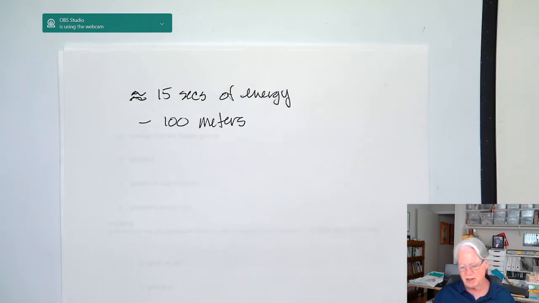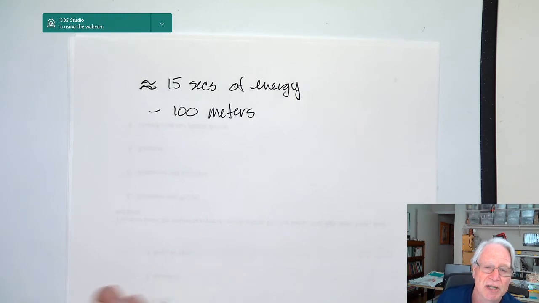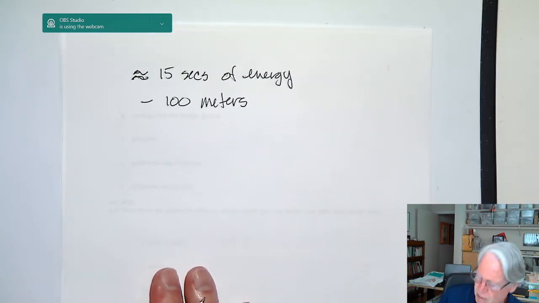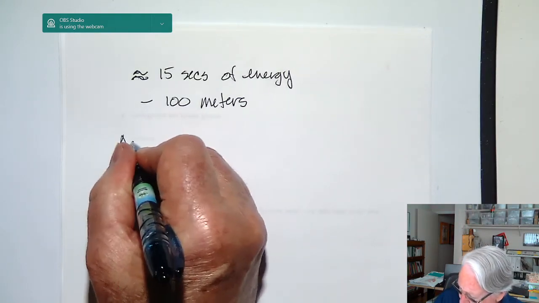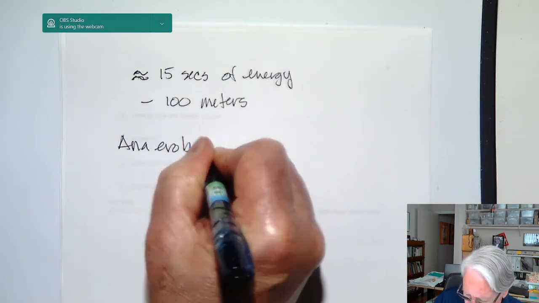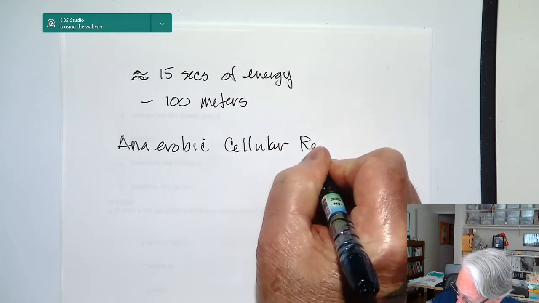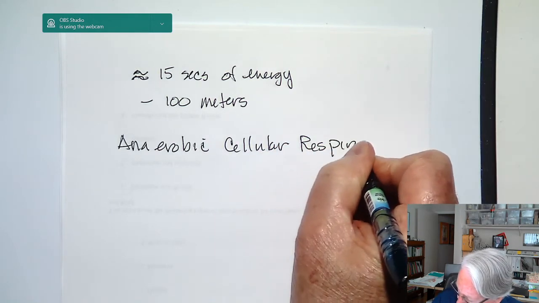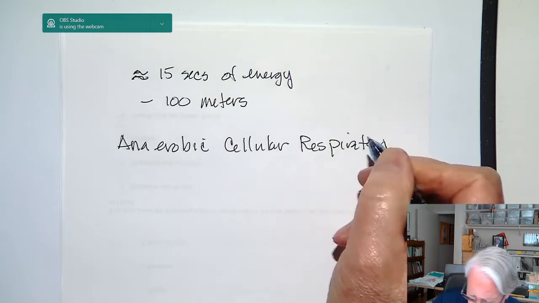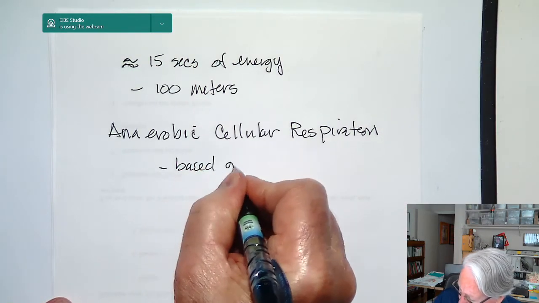So what can you do instead? What other sources of energy are available to keep ATP available? And you would turn then to the second system, which is anaerobic cellular respiration. Okay. This system is based on glucose.